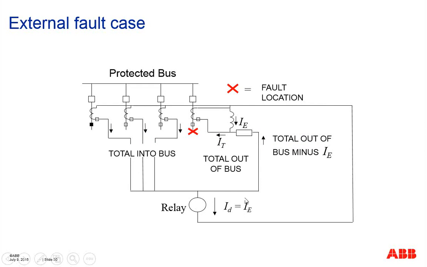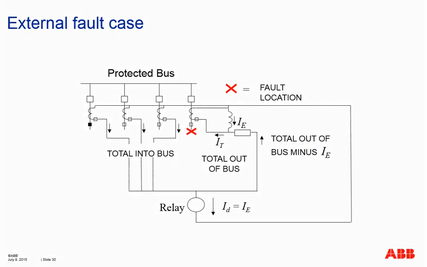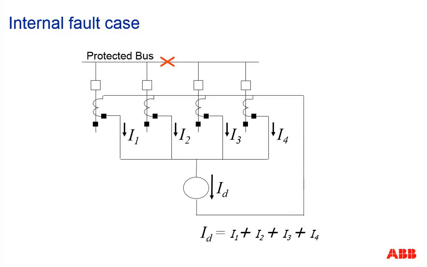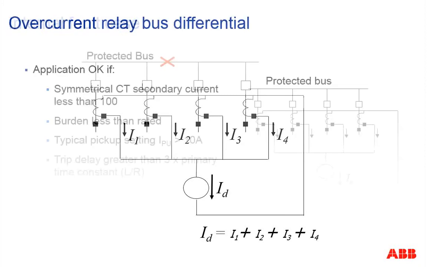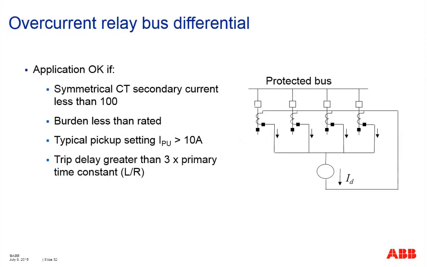So when you are calculating your setting, you want to make sure your pickup is higher than this. This is for CT saturation, as I mentioned before. Even during normal operating conditions, normal loading, you have to take into account the CT measurement error, which can be as high as 20% if you use C-class CT.